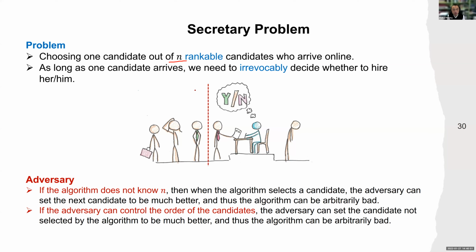So actually, this problem is very useful in practice, and not only for job interviews, but also for your decision making. For example, you get a job offer from a company, and it asks you, would you accept the offer? You say, let me think, let me compare a bit more. But it has a deadline. It says, please tell us within 1 week.